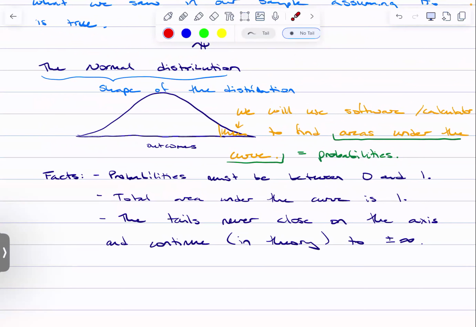So if something follows a normal distribution, right, then there are two things that we need to know in order to know everything about this normal distribution.